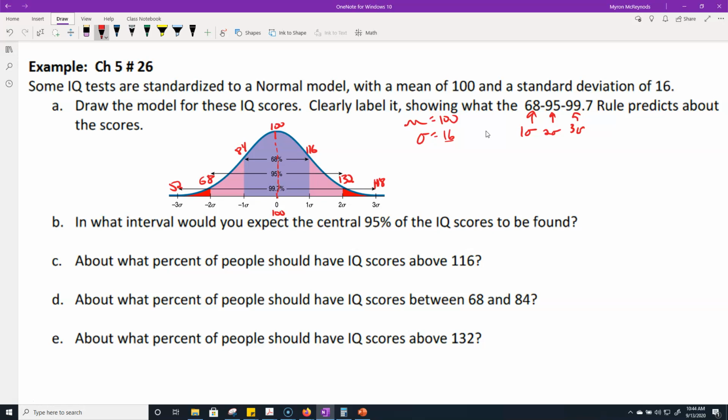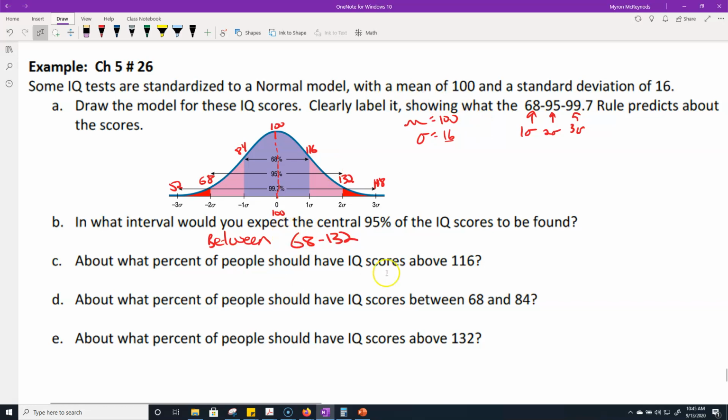That central 95% is 2 standard deviations. Remember, the rule says 2 standard deviations for 95%. So that would be between 68 and 132 for 95% of IQ scores.